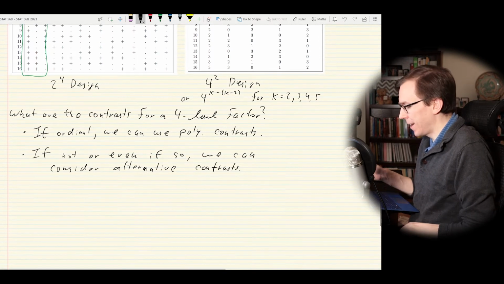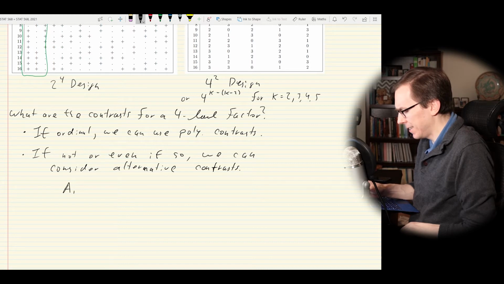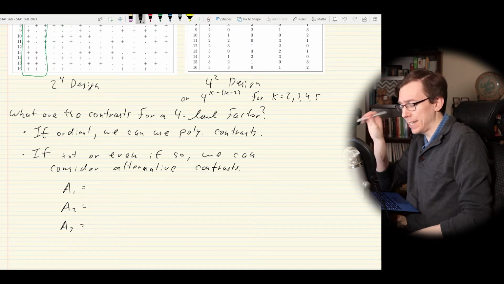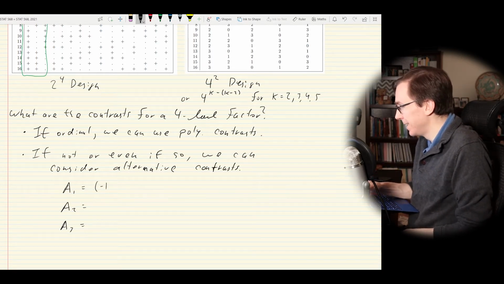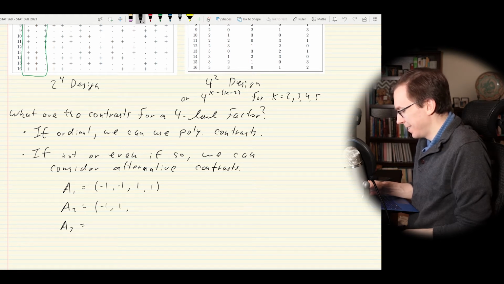One system of contrasts that they propose in the textbook, and that often shows up, is the idea of having contrasts A1, A2, and A3. We have 3 degrees of freedom, so we can have 3 different contrasts to look at a single 4-level factor. Here we would end up with -1, -1, +1, +1; -1, +1, +1, -1; and -1, +1, -1, +1.